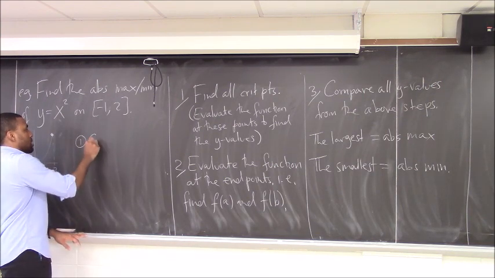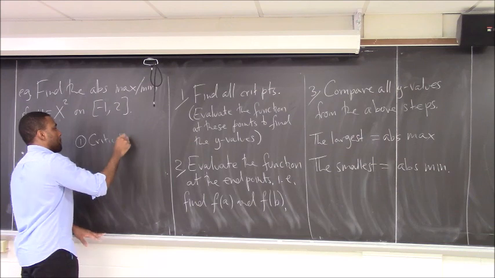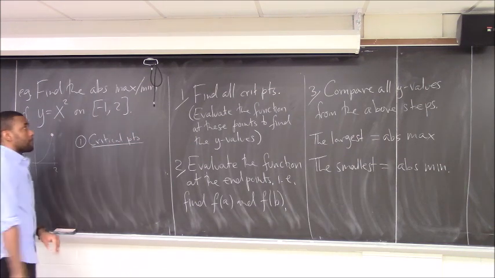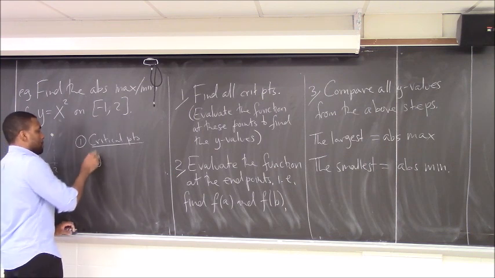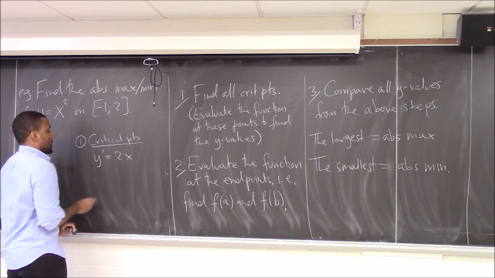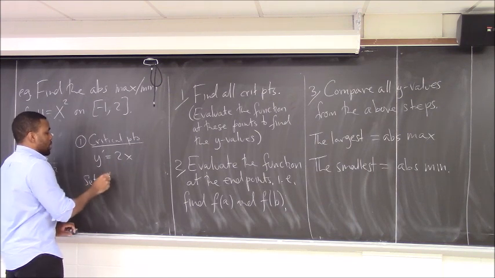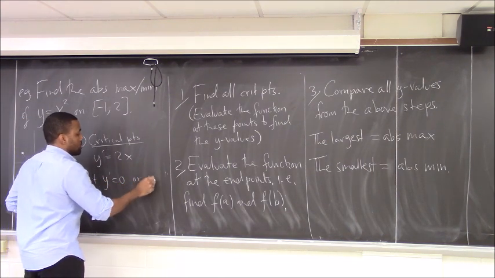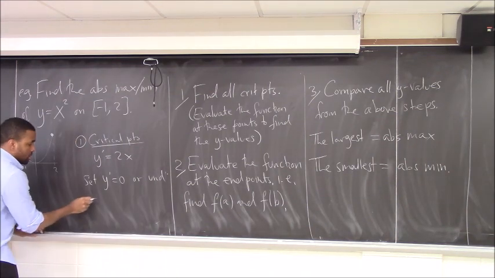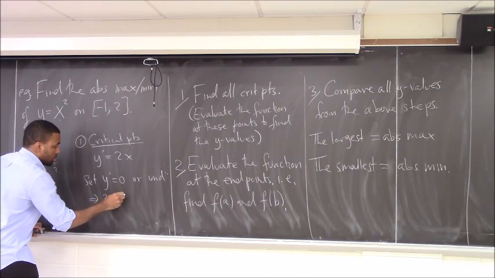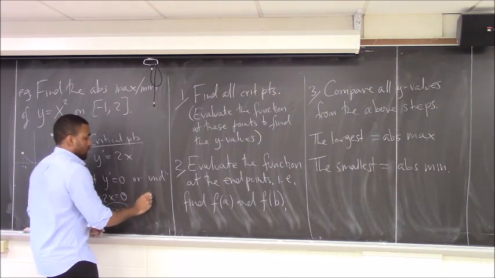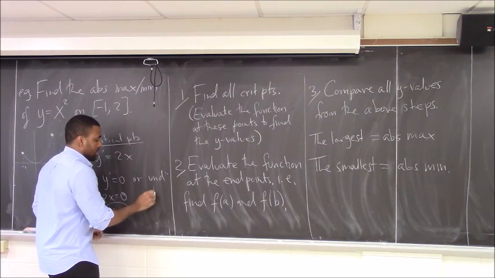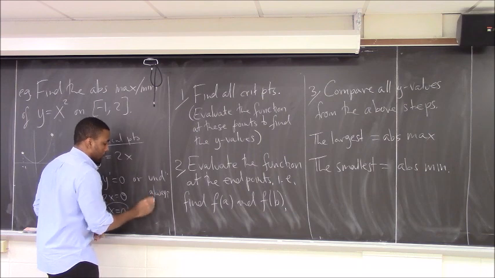Step 1, you're going to find the critical points. How do you find critical points? Say the derivative equals 0. Right, so find y prime, and you're going to set y prime equals 0 or undefined. This would mean that 2x equals 0, so that x equals 0. It's always defined, so you can ignore this part.